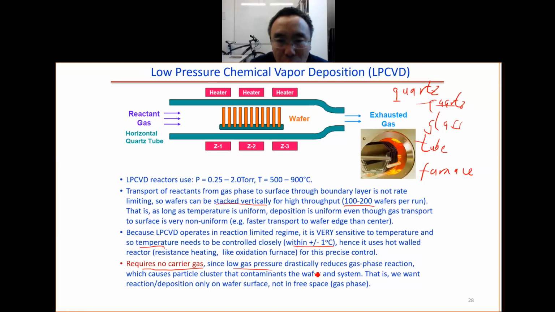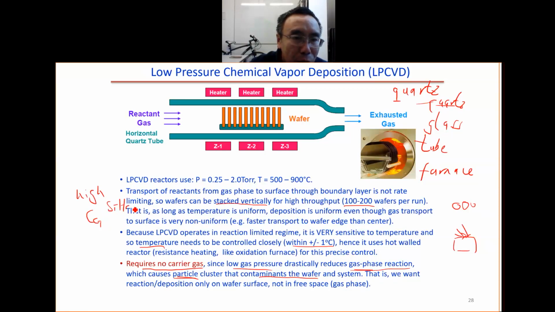Low gas pressure reduces the gas phase reaction, so there is only deposition on the wafer, not in the gas phase. Otherwise, gas phase deposition creates a lot of particles that form on the wafer and contaminate it.